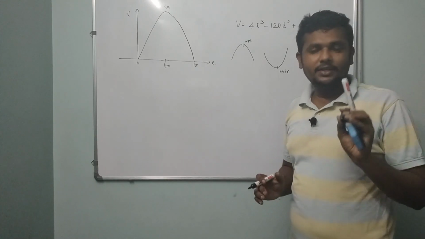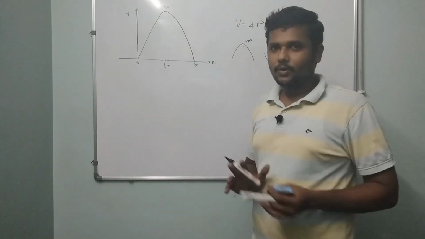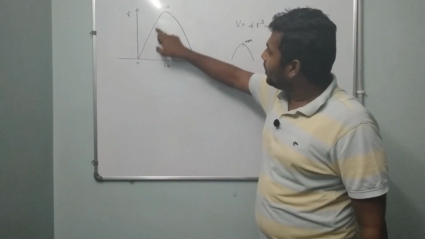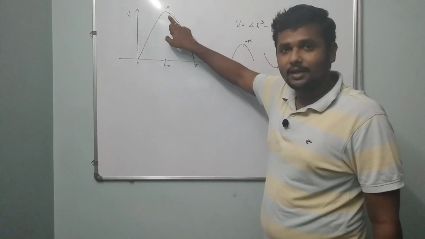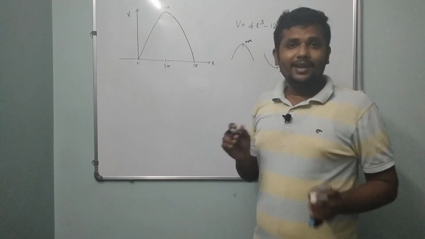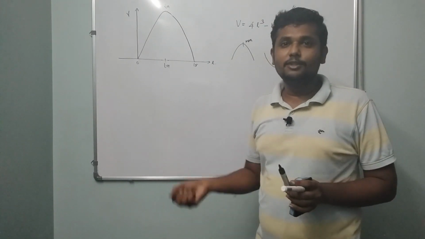I will tell you in a simple way. Let's assume you are throwing a ball, and the ball will definitely go like this, and after some point it will come down to the earth, right? Here the rate of change is nothing but the speed of the ball.